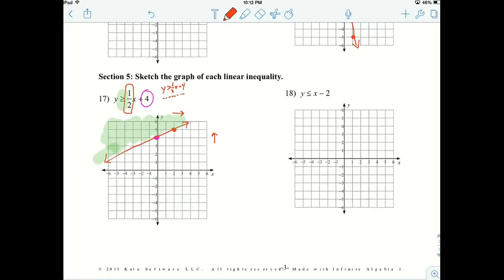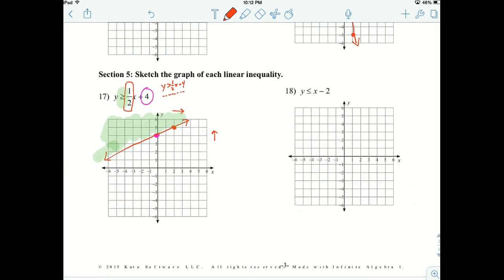If you think you're going to forget some of those things, you might want to, on the very bottom of the page, write yourself some notes. Something like y is greater than, or y is greater than or equal to, you would shade above.